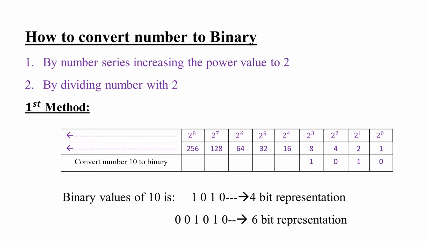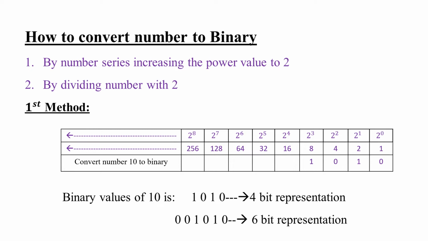If we want to convert number 10 to binary format, first we have to search whether the number 10 is present in the table or not. Here the value 10 is not there, but by adding 8 and 2 we'll get the value 10. So I will write 1 at the 8 and 2 places, and at the remaining places I will write zeros, and the final result is 1010.